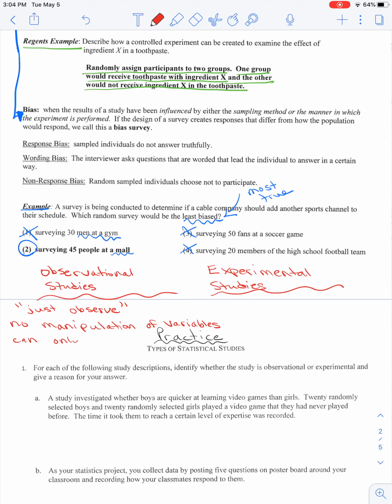And you can only draw associations, no cause effect conclusions. You can say something is likely to happen based upon your observational study or not likely to happen, but you can't say that it's going to happen or not happen based upon your observational study. Okay? And one way to conduct an observational study is by using a survey.